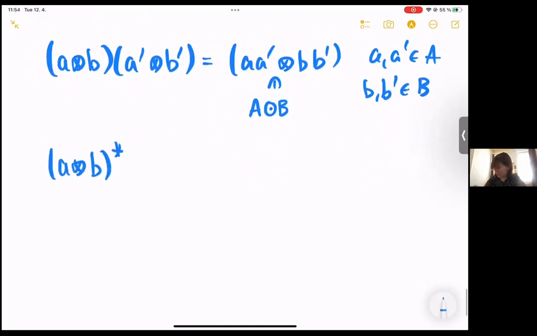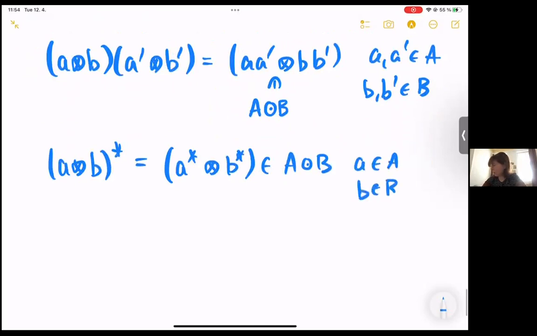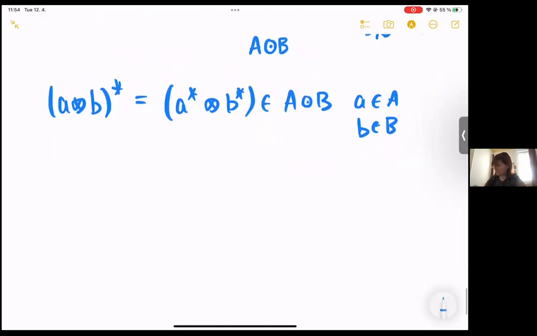And similarly, we can define this star, this makes this tensor product into a star algebra.